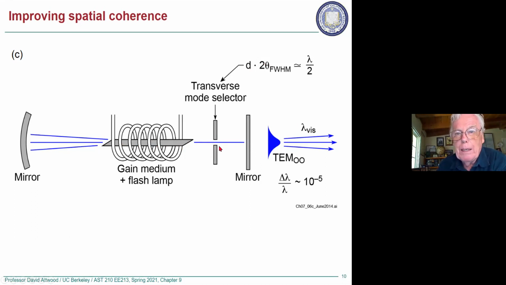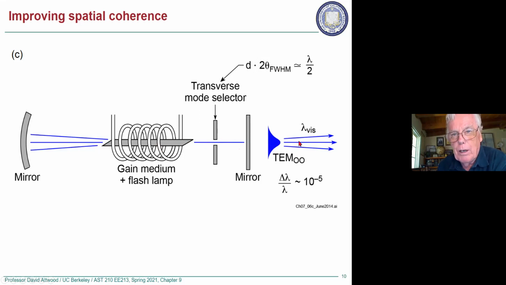Here, the pinhole, the mode selector, is only amplifying spatially coherent light. So now you don't have the loss mechanism that we had before. Now the pinhole is just an aperture, and it's imposing spatial coherence. So once you put this in, all the light that comes out is spatially coherent.